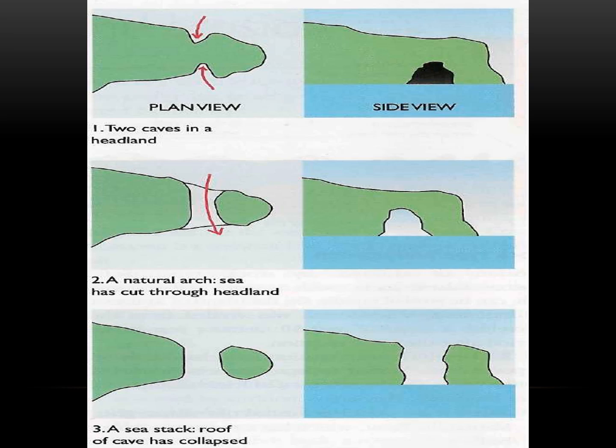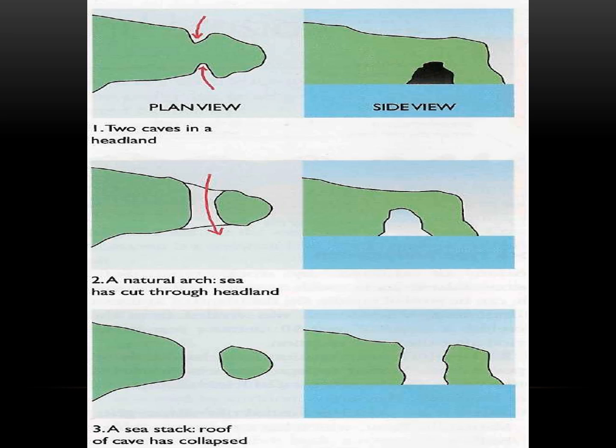Now, because you have a cave on both sides, the cave on the other side is also going to be tunneled through continuously until both caves meet. When they meet, you can actually see from one end of the headland to the other, and this is the feature we call an arch.